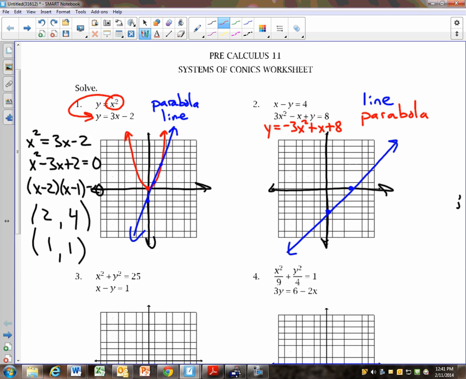Negative b divided by 2a. So that's our formula to find a vertex. Negative b is negative 1. Divided by 2a would give me negative 6. So we got 1/6 is the x value.